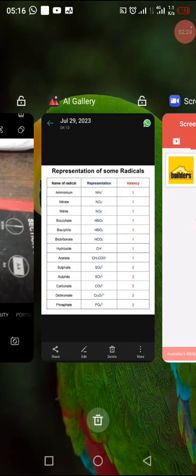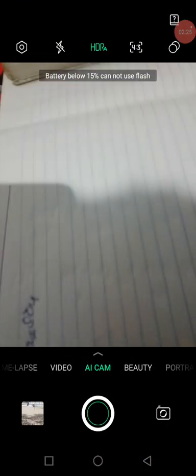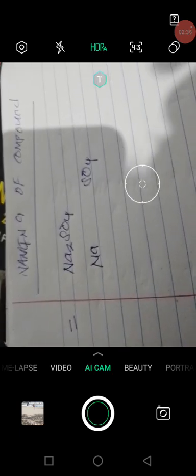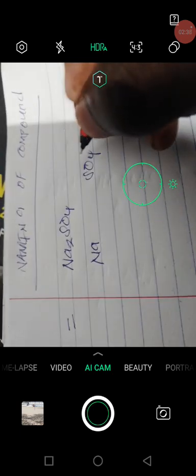This is how they come up with it. This is sodium, this is sulfate. Not the charge but the valence. What's the valence for sodium? Sodium is in group 1, so group is equal to valence. It has a valence of 1.